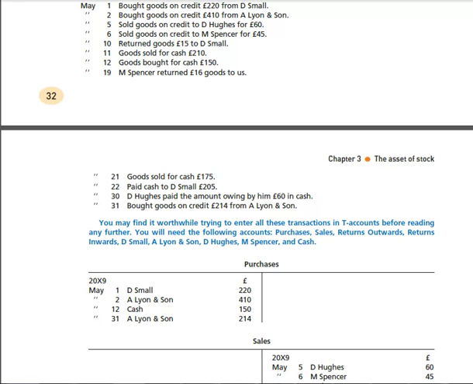So the return outwards account would be credited by 15. D Small was a creditor, which means it's a liability account. So when a liability account decreases, because we have returned goods worth £15 to D Small, we would debit the account.